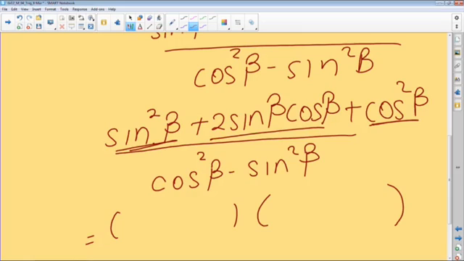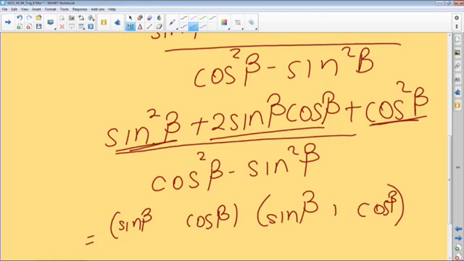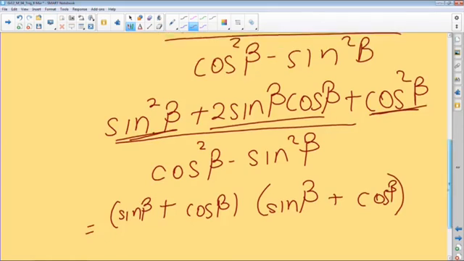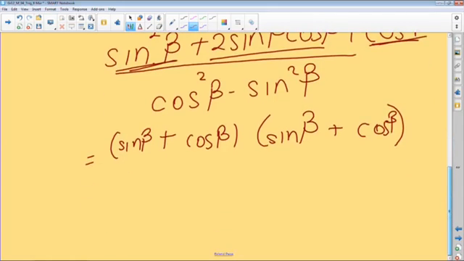So sine squared beta is going to be sine beta times sine beta in each of the brackets. And then my second term is cos squared beta, positive, so it's going to be plus cos beta plus cos beta. And if I were to add those terms up once I've expanded, I'm going to get plus 1 cos beta sine beta plus 1 cos beta sine beta. If I expand, that does indeed give me 2 sine beta cos beta in my numerator.